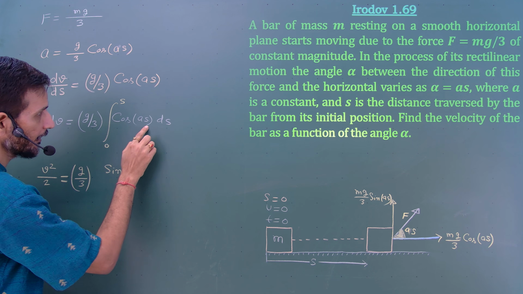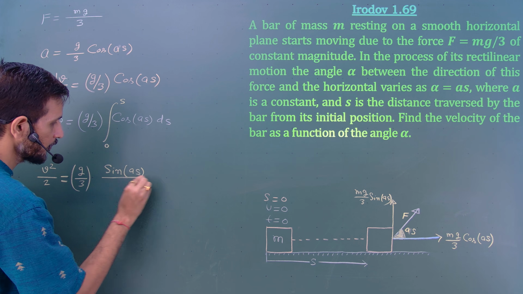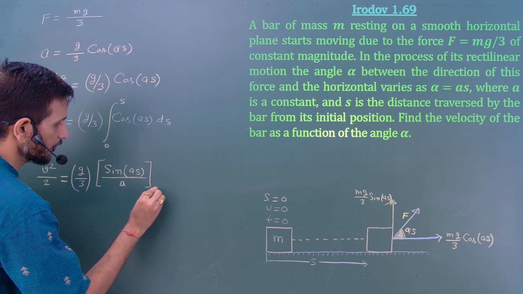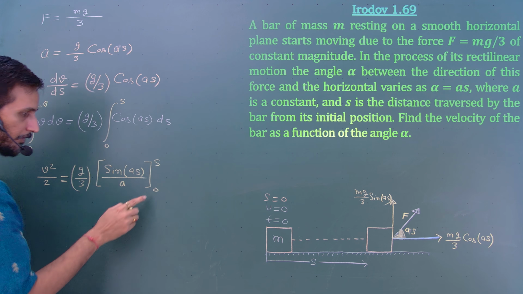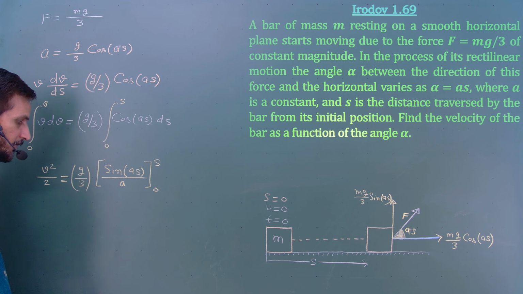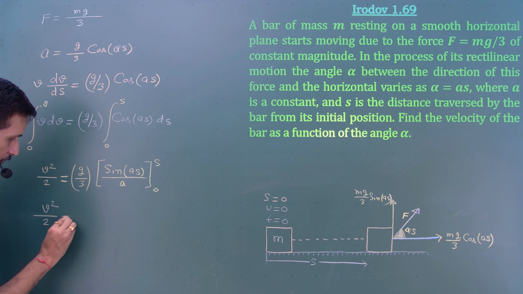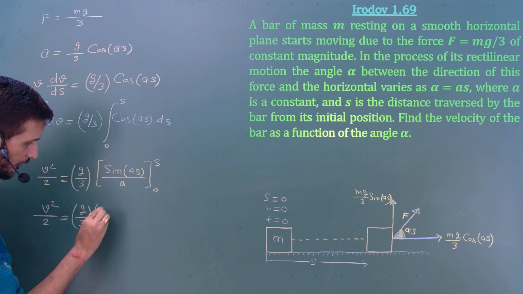But this is not theta, this is as, so this is divided by a. From where to where? From 0 to s. When I put 0, sine 0 is 0. So v square by 2 should be equal to g by 3 into sin(as) divided by a.